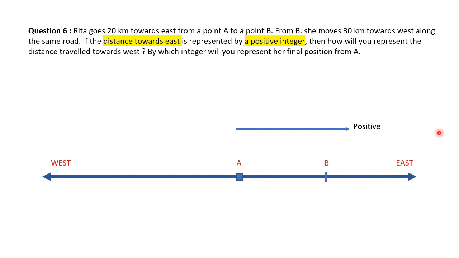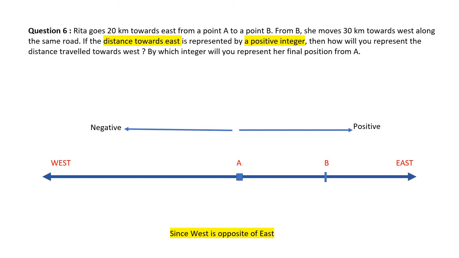Now, as we can see, west is the opposite of east. East is towards this side. West is towards this side. So obviously, if this is positive, then this side is going to be what? Can you tell me the answer? Yes, you have guessed it right.